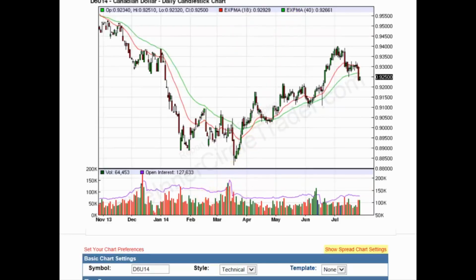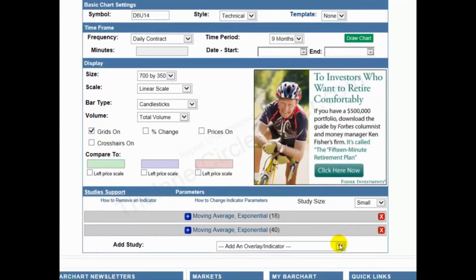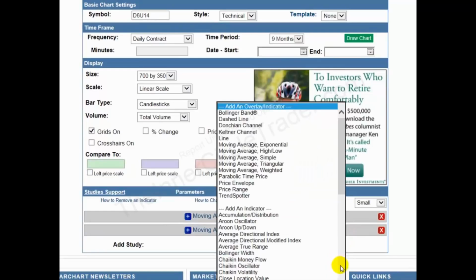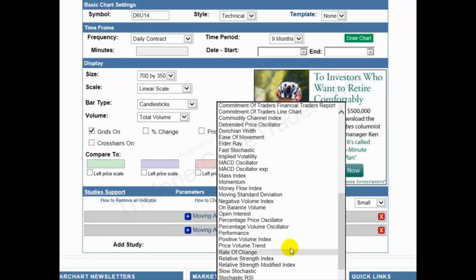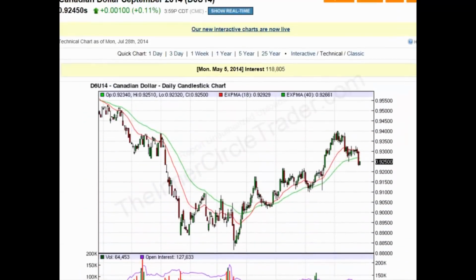Again, open interest can be found by adding it here, or by simply having total volume. You want to have total volume, not contract volume. You want total volume on. I have 9 months on here. You can do whatever you want to show as much data as you want.